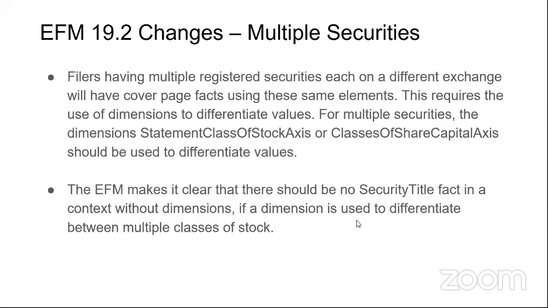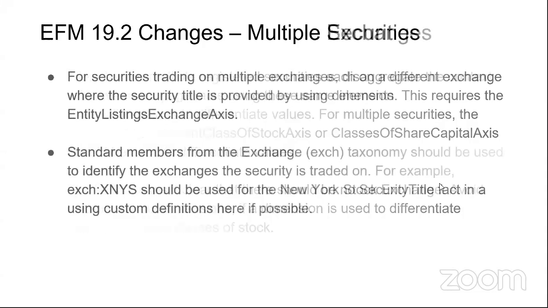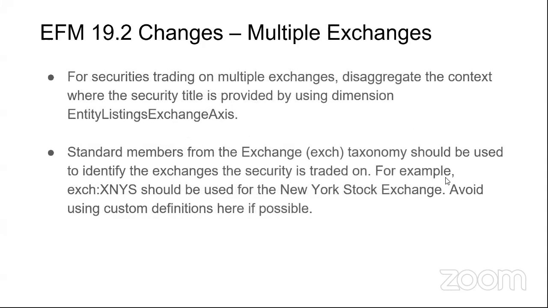So if you do happen to have multiple classes of stock, all of your trading symbols and all your securities titles should be under those dimensions. You shouldn't have any non-dimensional facts if you have at least one dimensional fact. Multiple exchanges should be handled the same way. If you have multiple exchanges, you're going to disaggregate those contexts using the entity listing exchange axis.